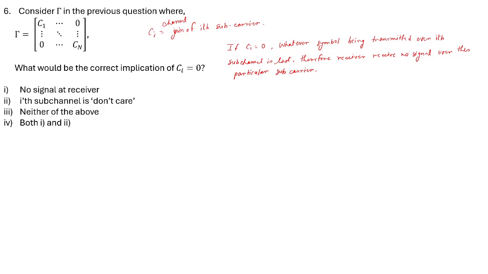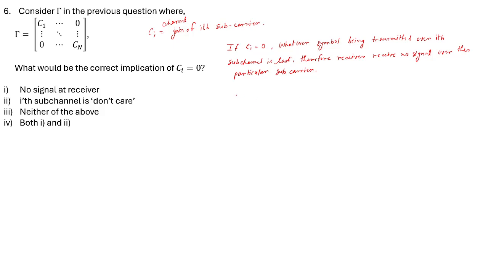The ith subchannel behaves as don't care because it has a channel gain of 0. The optimal power algorithm detects it and assigns no power to it. It's like, okay fine, don't assign me any power, I don't care. So you have to see it from that point of view.